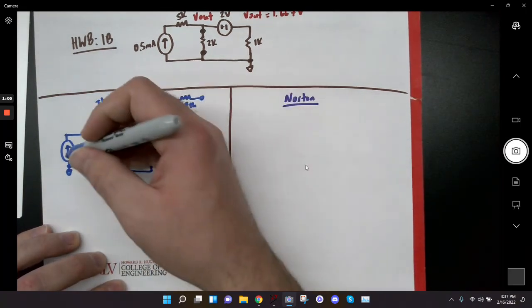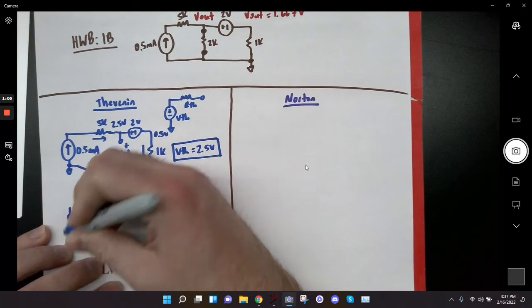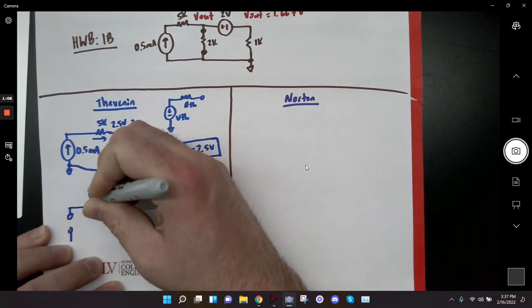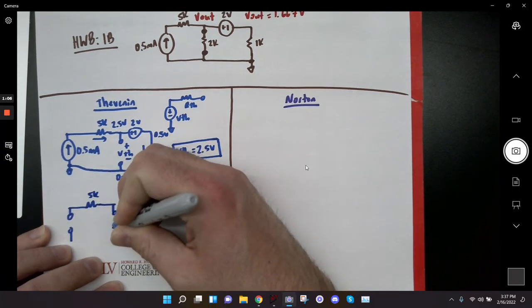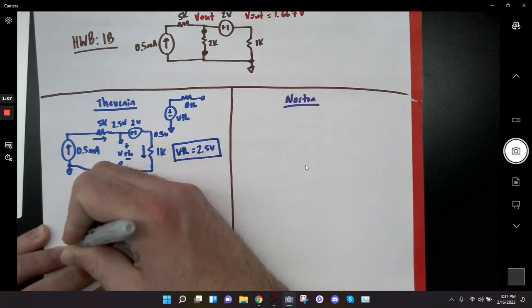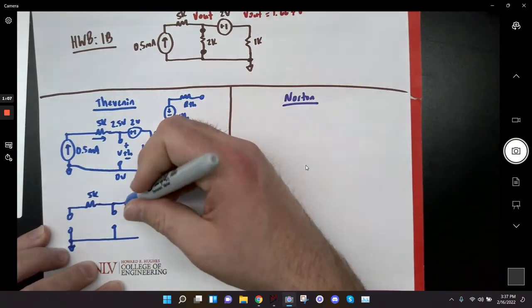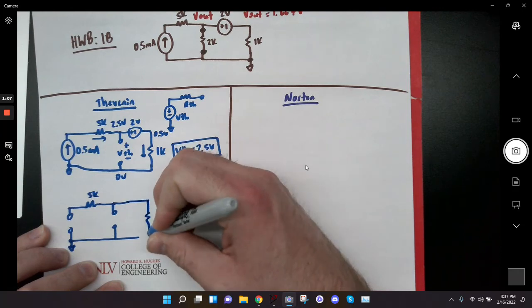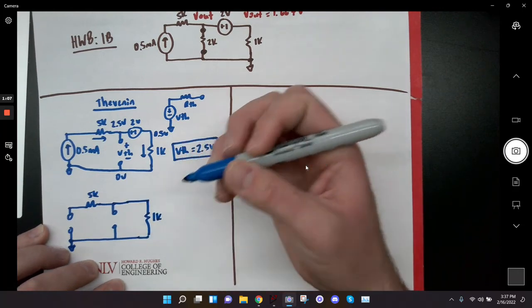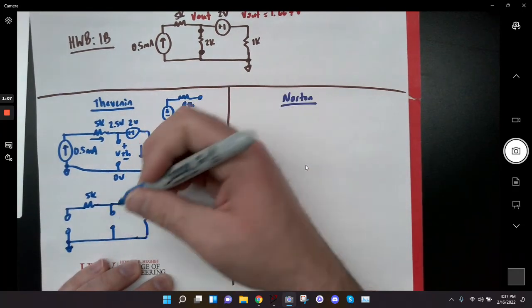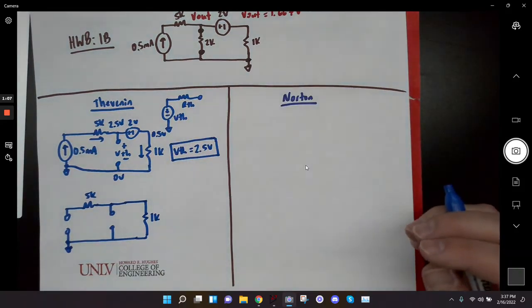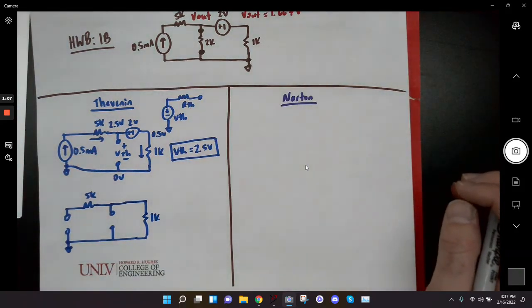So now I want to find R Thevenin. What I'm going to do is open the current source. That's still an open. That's still ground. I'm going to short the battery. This is not superposition.